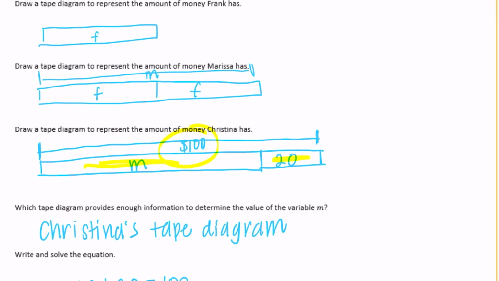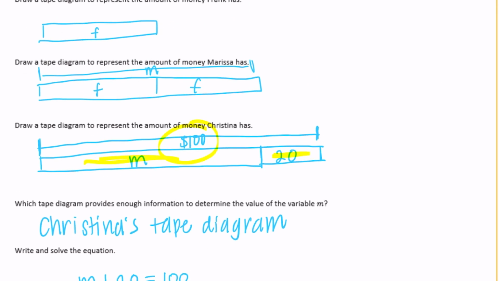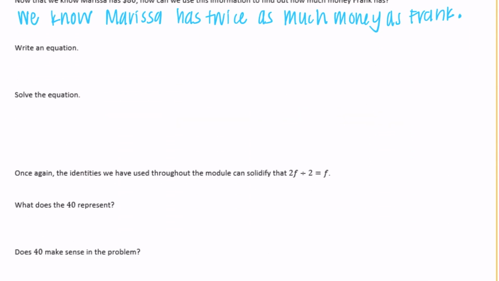Marissa's is equal to 80, so now I can replace this with 80. So 2f equals 80.